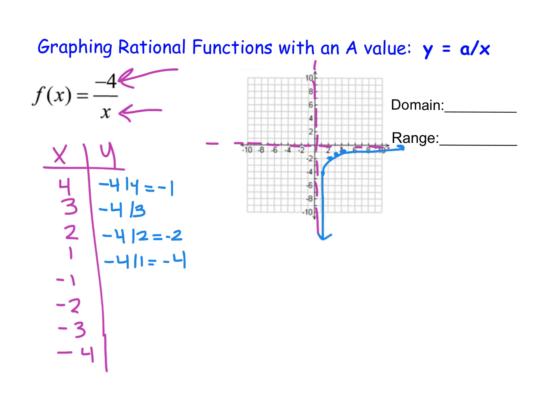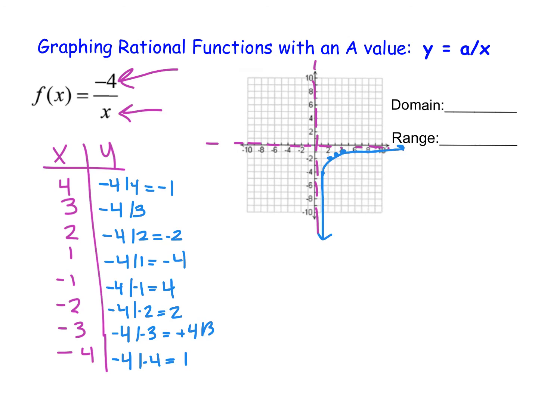And then if I use my other negative x coordinates, I notice that I have negative 4 over negative 1, which is a positive 4, negative 4 over negative 2, which is a positive 2, negative 4 over negative 3, which is a positive 4/3, and negative 4 over negative 4, which is a positive 1.